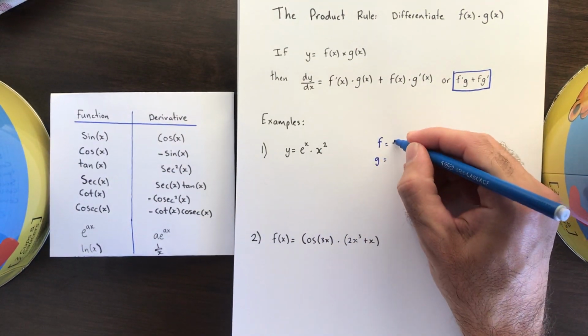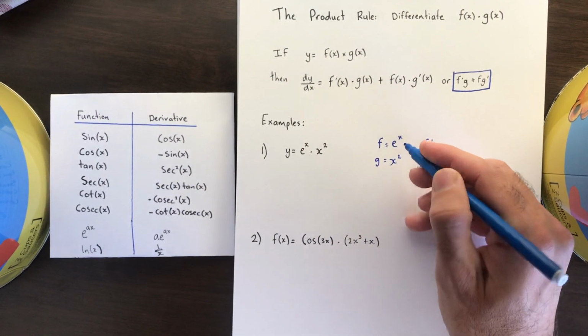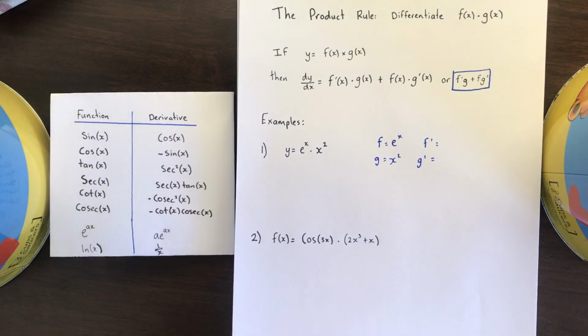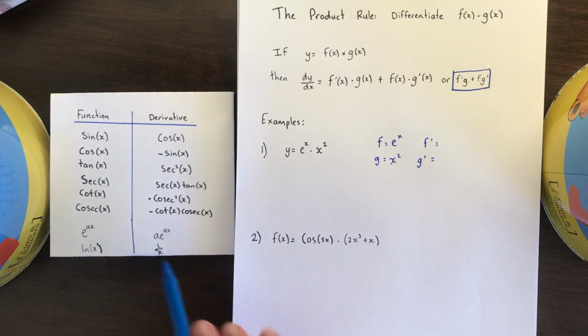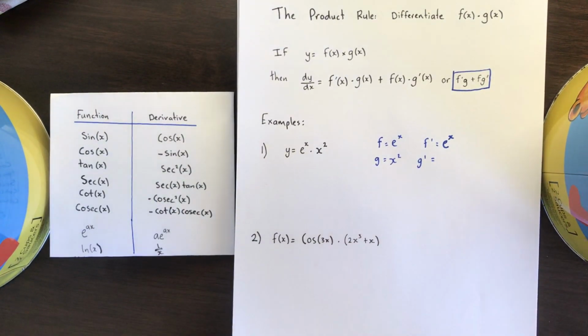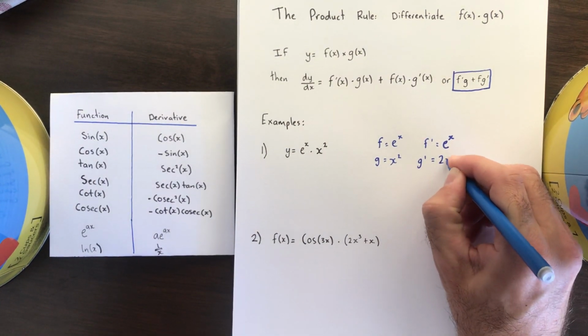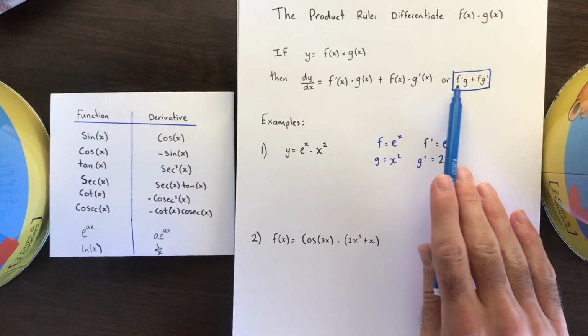So f is going to be my e to the power of x, and g is going to be my x squared. Those are my two functions, e to the x times x squared. If I differentiate e to the x, that just becomes itself. That was the amazing one, that when it differentiates it becomes itself. And x squared will become 2x. Now I just have to put these four things into this formula.